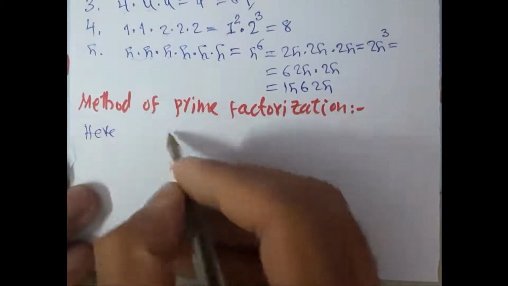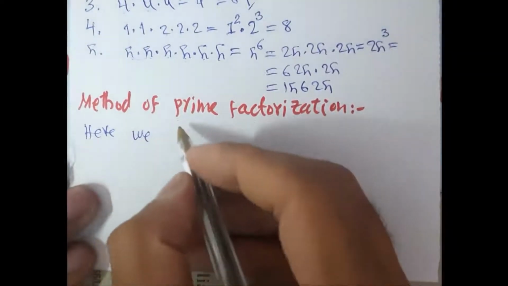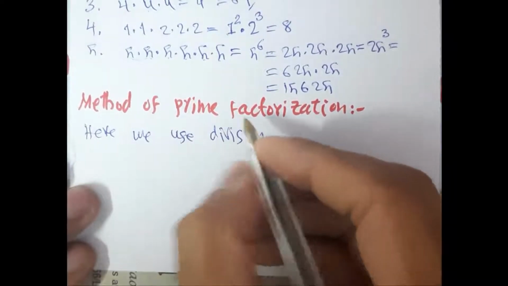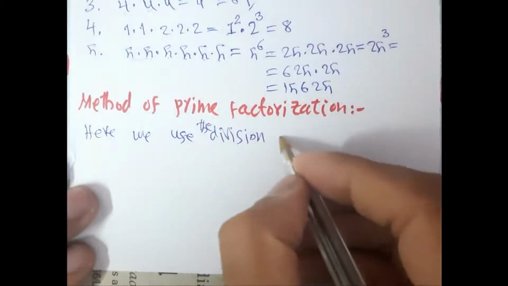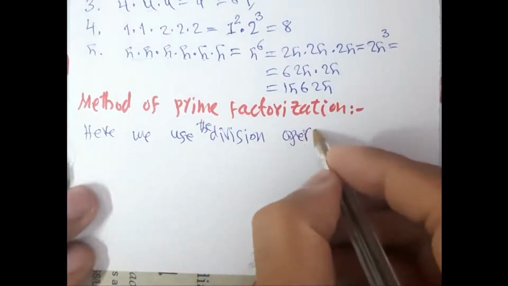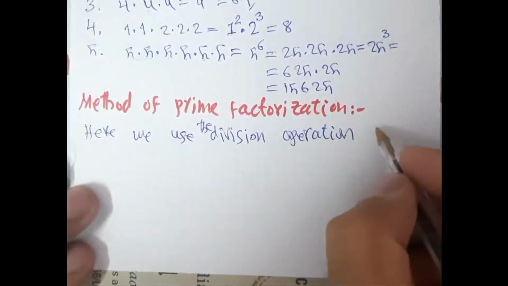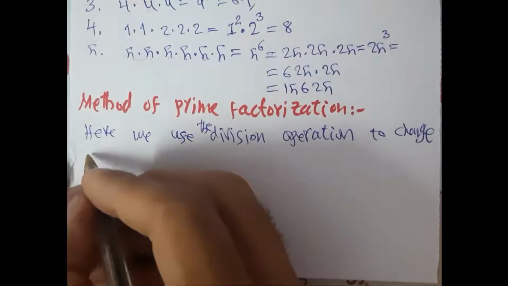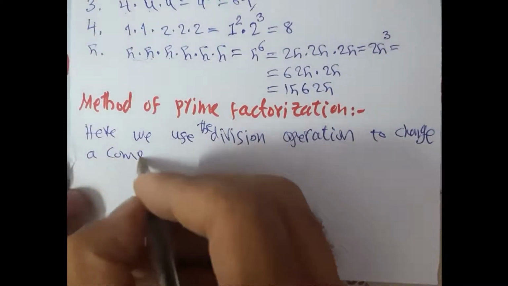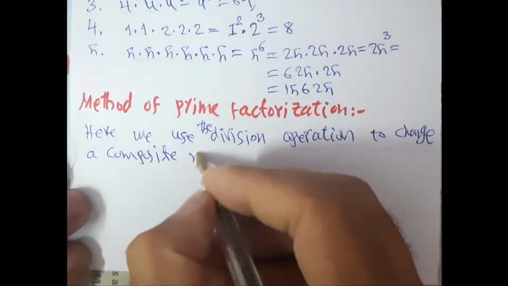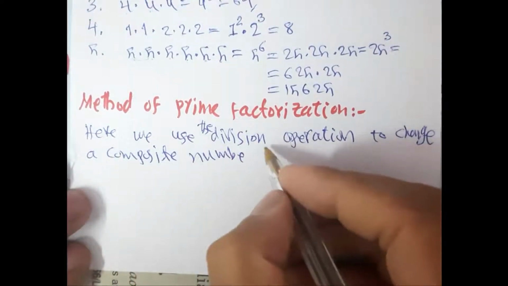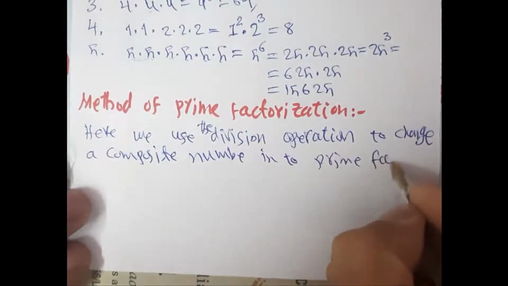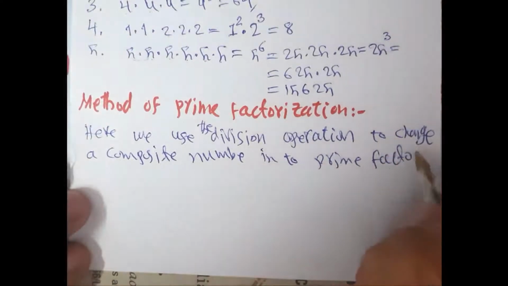We use the division operation to change a composite number into prime factors.